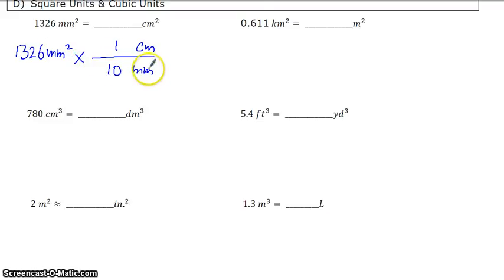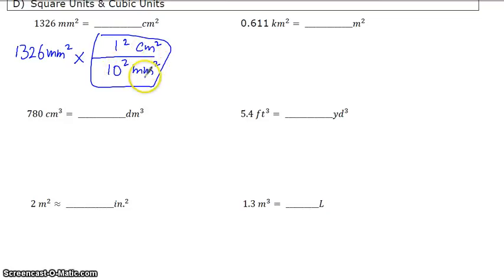Like, the unit doesn't match here. This doesn't work because one is square, one isn't. Now you square everything. When you square it, you square not just the unit, you also square the numbers. So 1 centimeter squared is equal to 100 millimeters squared.